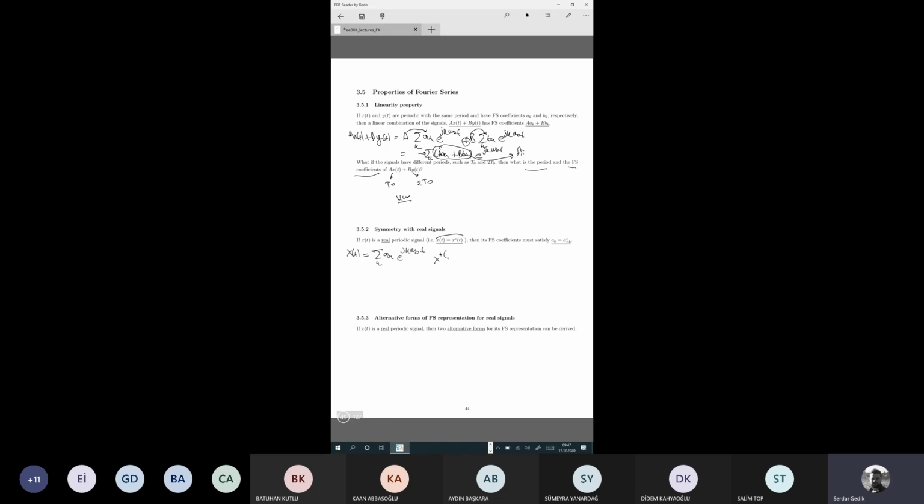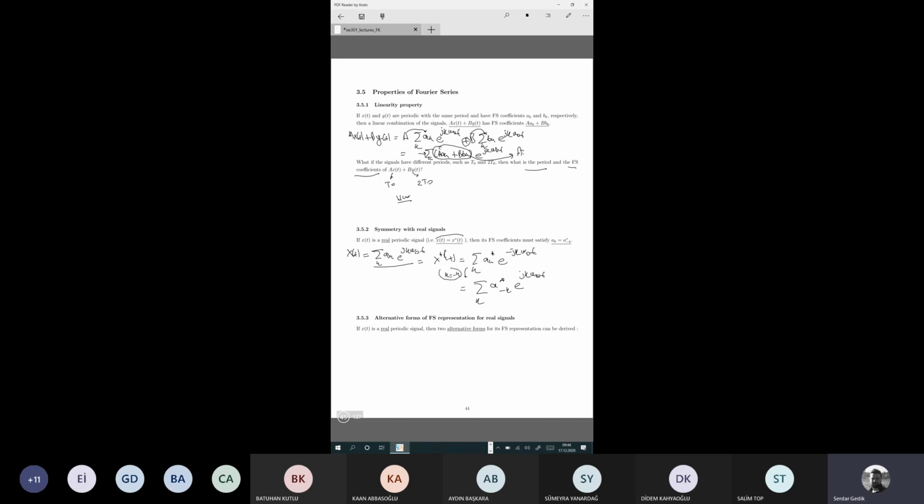And the conjugate of x(t), which is equal to x(t) since x(t) is a real signal, is the summation over k, where I directly conjugate the right-hand side: a_k conjugate e to the power minus j k omega_0 t. Then I will simply make a change of variables, k equals minus k. In that case, it is equal to the summation over k of a_{-k} conjugate e to the power j k omega_0 t.